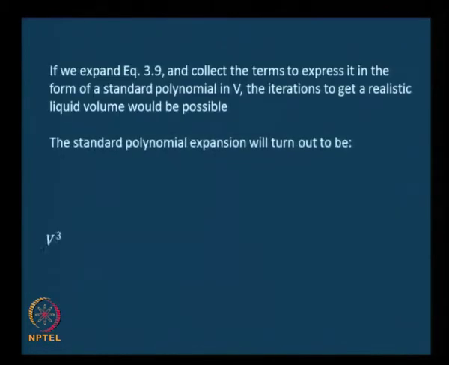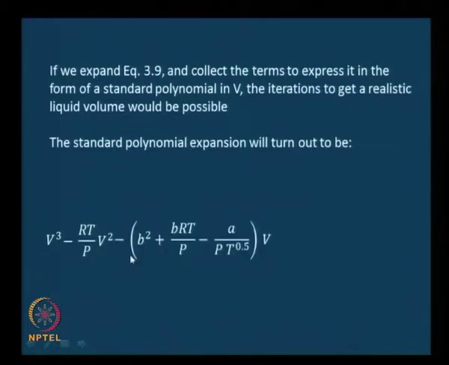and that was obtained by writing the Redlich-Kwong equation, expanding, multiplying, taking out common terms, cross multiplying, and representing it as a polynomial expression in V. So, that was V cubed minus RT by P into V squared plus (A by P T power 0.5 minus B squared minus B RT by P) into V minus AB by P T power 0.5 equals 0.